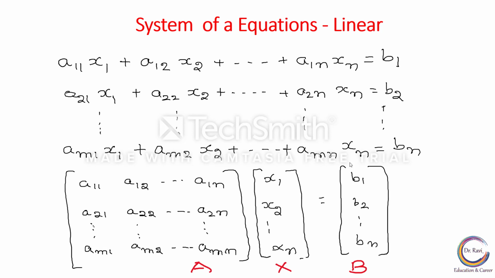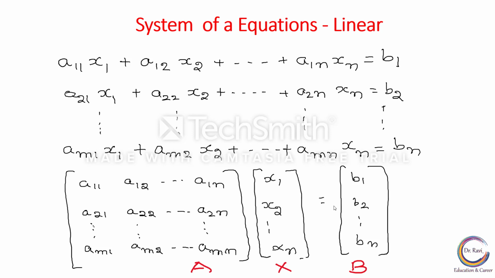How to do it? In this process, first we express the system of equations in the matrix form. So how to express them in the matrix form? That is in the form of Ax equal to b, where A contains all the coefficients a11, a12, so on a1n. Similarly, the second row a21, a22, so on a2n, etc. And the X matrix is a column matrix, or a column vector, which contains all the variables x1, x2, so on xn.